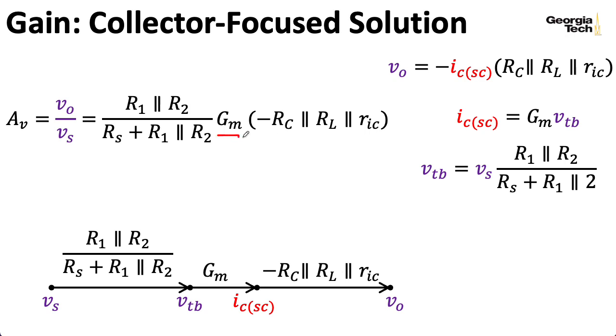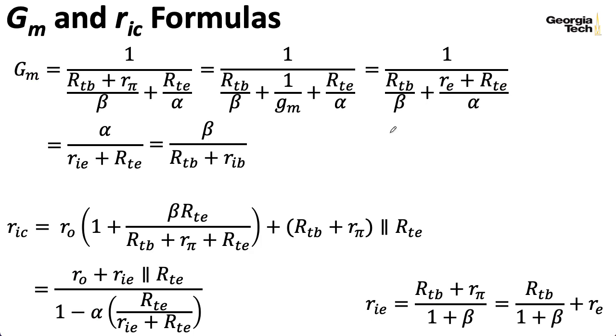So what is this capital GM and this little RIC? Well, in the previous 3 lectures, we computed 5 different formulas for GM, and you could use whichever one you want, depending on which one you think is best in any given circumstance. And we had 2 different formulas for RIC. And this RIC formula involved this RIE, and I put 2 possible formulas for RIE down here.